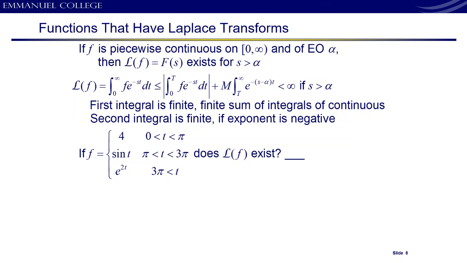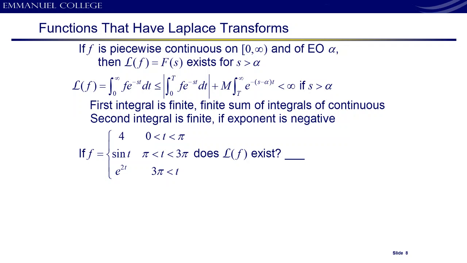So pretty obviously, you can see where this comes into play for the piecewise function. So 4 is always going to work for alpha equal to even just 0.1. Sine of t, you could use 1.